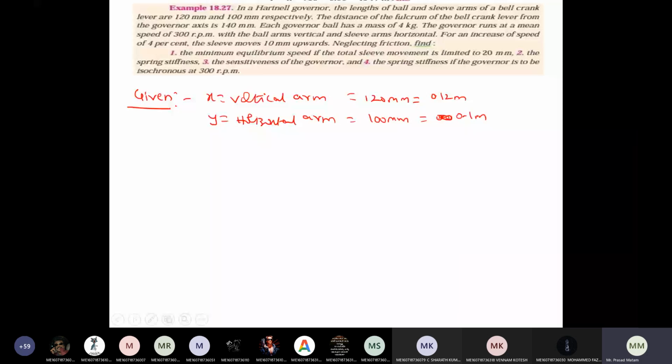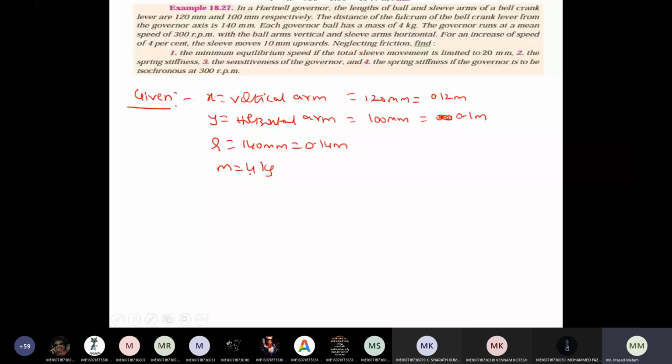The distance between fulcrum of the bell crank lever from the governor axis is 140 mm. That means radius of rotation r is equals to 140 mm, or I can write it as 0.14 meter. Mass of each ball, m is equals to 4 kg. Governor runs at a mean speed, n is equals to 300.